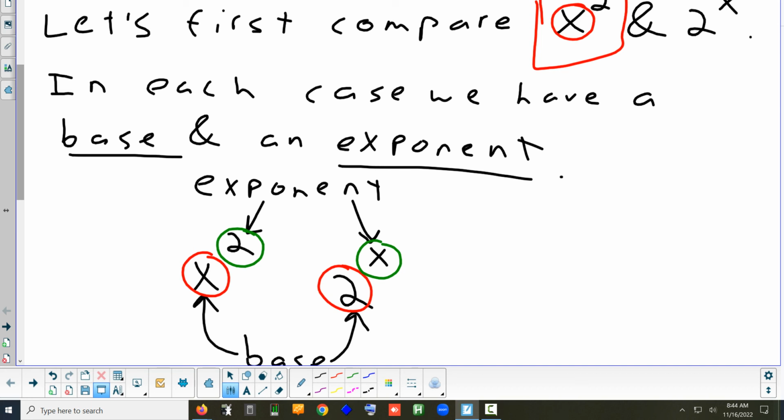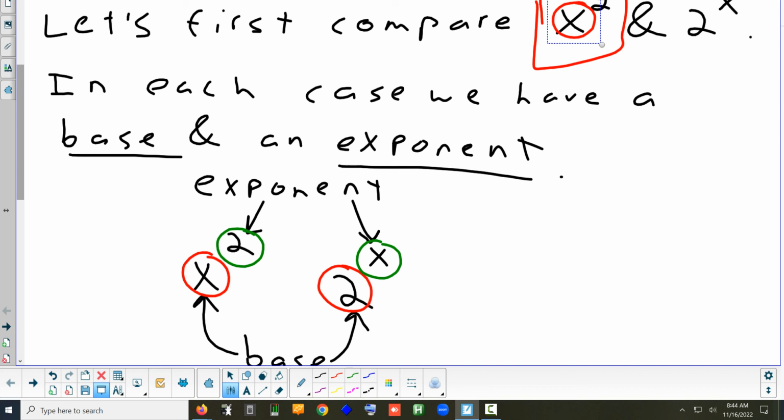The reason it's a polynomial is because the base is the variable, and the exponent is a number that's not a decimal, and it's positive. Polynomials always have numbers here that are positive and not decimals, like x cubed, 5x to the 10th, something like that.